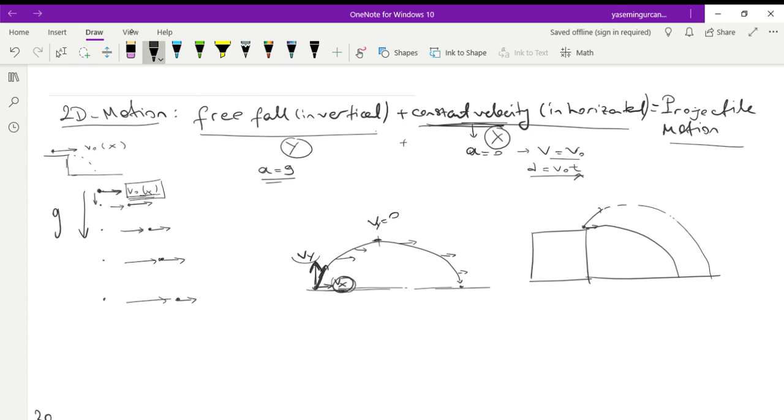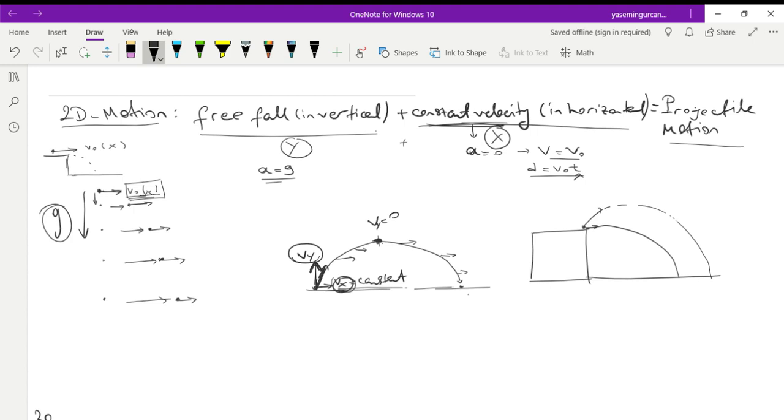The horizontal velocity is the same, it's constant. The initial vertical velocity is going to be used to climb up to 0 value at the top of this arc, and then it's going to accelerate downward with the gravitational acceleration g.